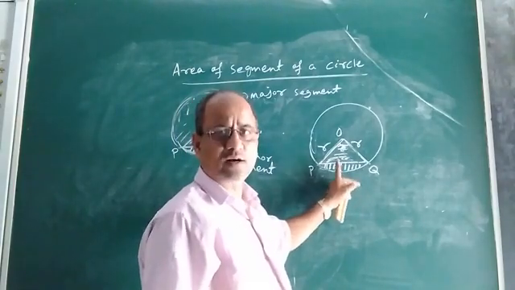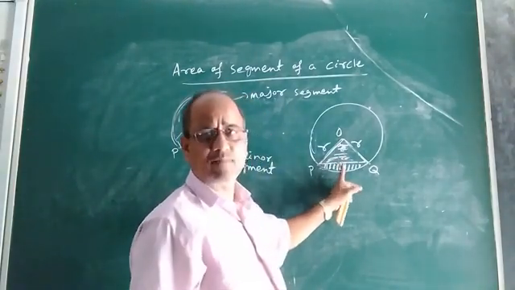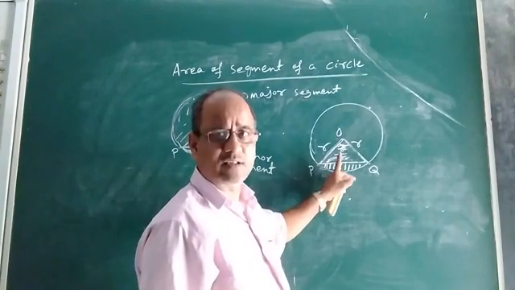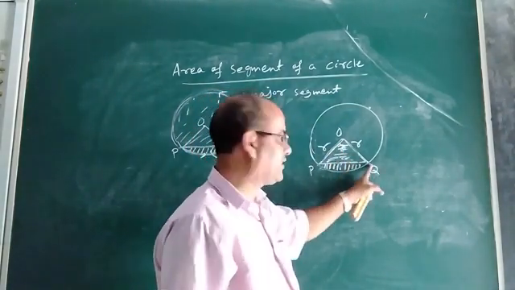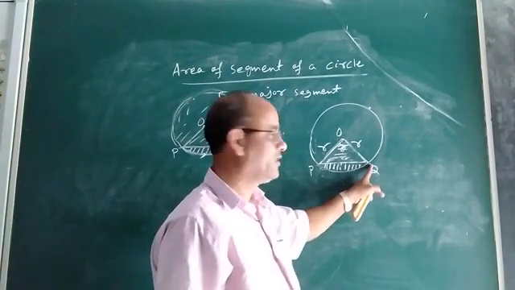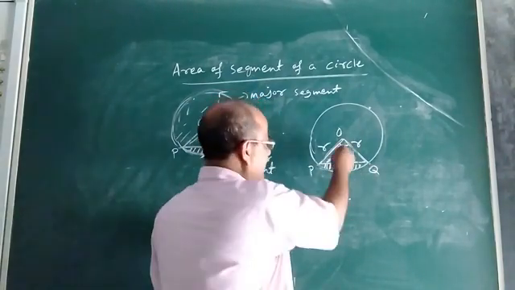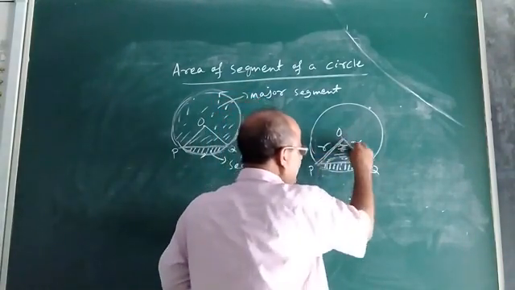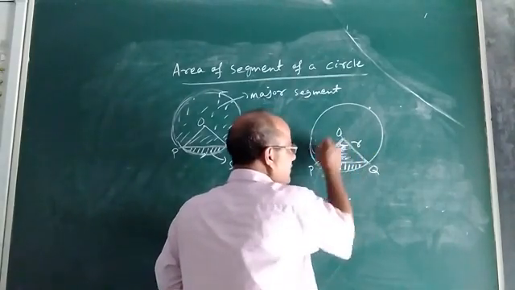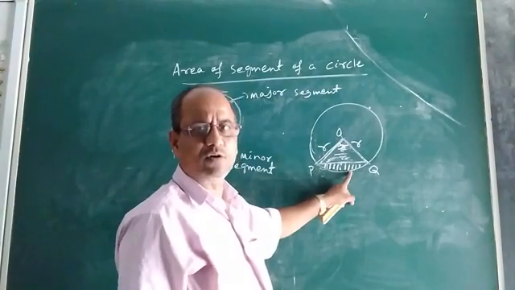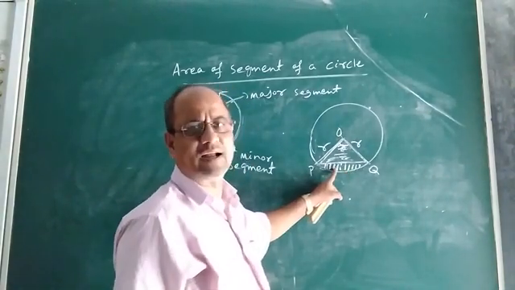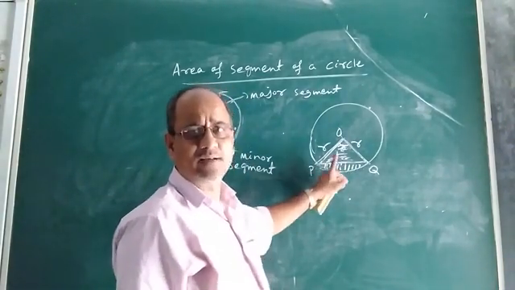In order to find the area of this minor segment, I think it is sufficient if we find the area of the sector and the area of the triangle OPQ, and subtract. If the area of this triangle OPQ is subtracted from the area of the minor sector OPQ, whose area will you get? You will definitely get the area of the minor segment.